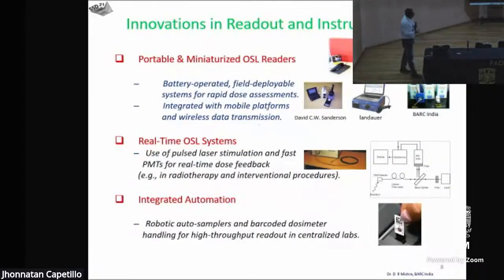Similarly, instruments are also taking shape. If you see small systems like portable OSL readers are coming up, which can be used in day-to-day life in medical dosimetry. Even for space missions, these kinds of systems are available. Similarly, battery-powered TL systems are also being made, which can be used in the field, with a limited number of readings you can take with one battery charge.